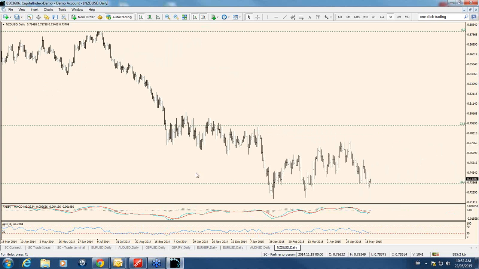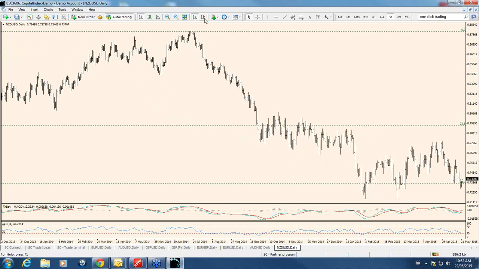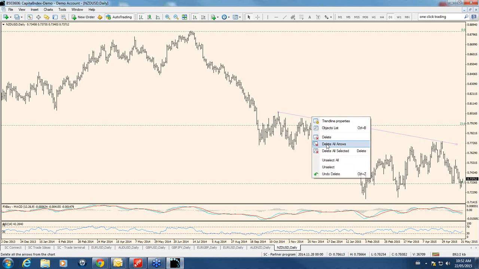Okay. I like to have it in the middle so I can see what I'm doing. Alright, so if I want to draw a trend line, I would draw a trend line from here. Maybe actually a channel could be a good one in here.